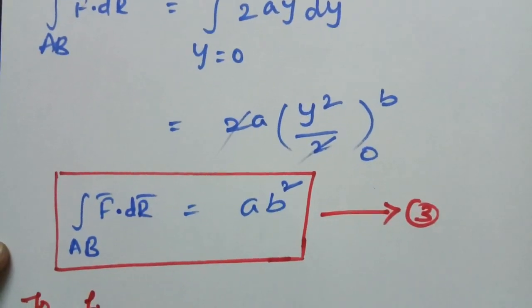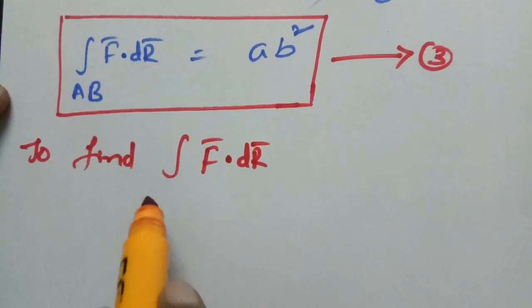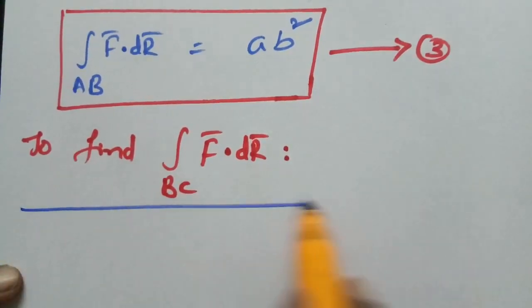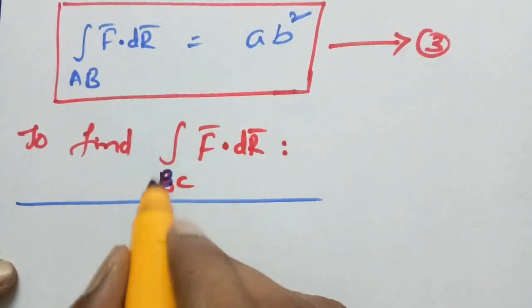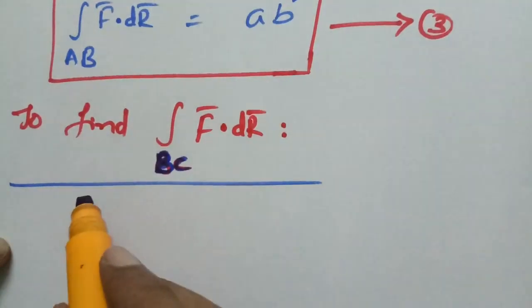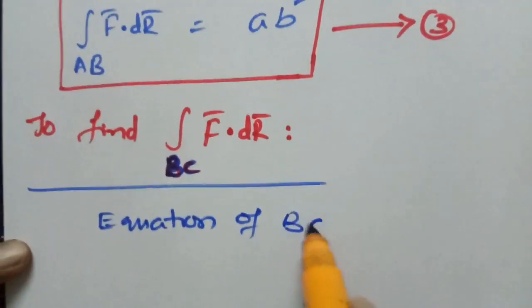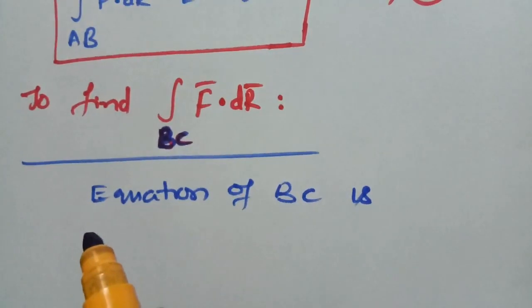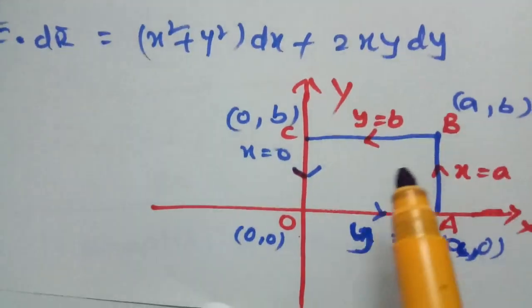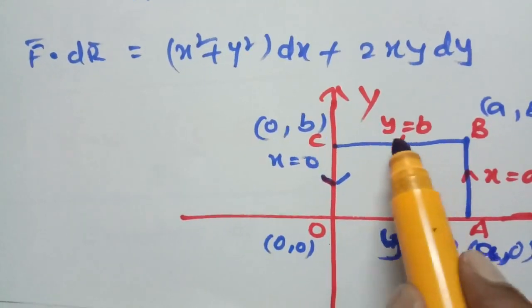Now to find the integration of f bar dot dr bar along BC. Equation of BC is y is equal to b.